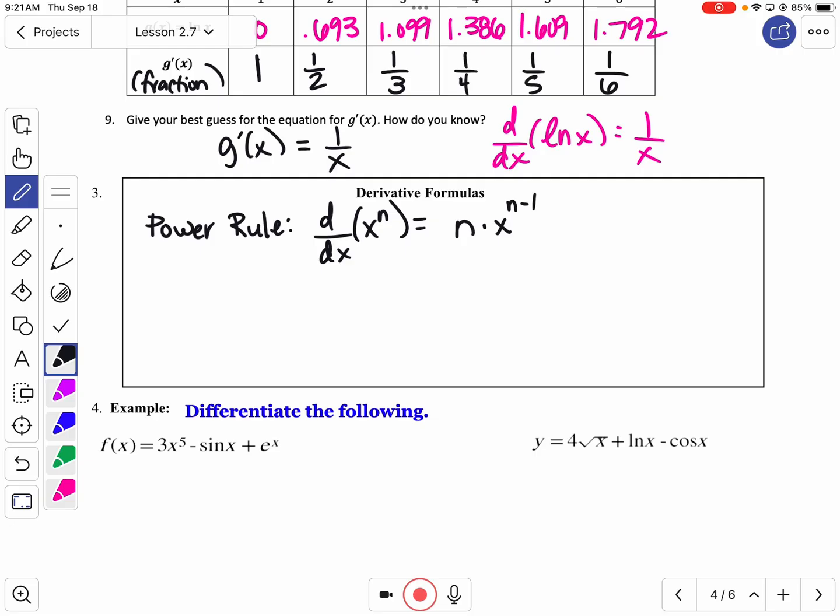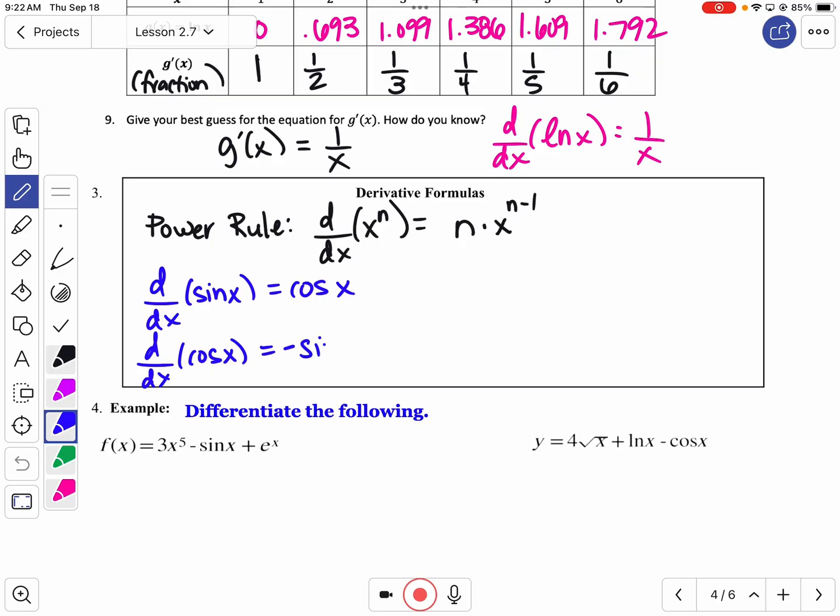That was our general power rule. Then we started our trig functions. The derivative with respect to x of sine is cosine. The derivative with respect to x of cosine is negative sine.